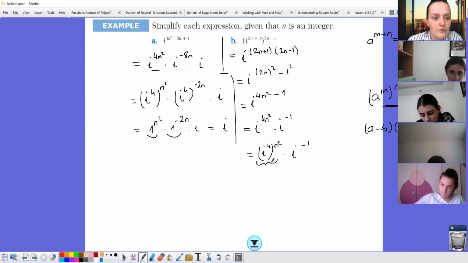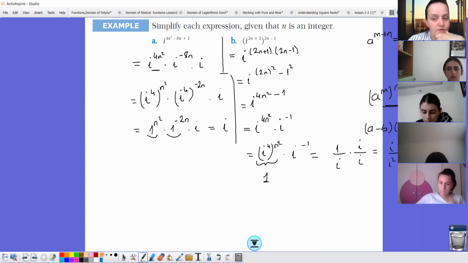Because it is i to the power of 4, it is 1. So this part becomes 1. Then I have 1 times i to the power of minus 1, which is i to the power of minus 1. But what we said when we had negative power, I will write 1 over i. Then I will multiply by i and get i over i squared, which is minus 1. Yes, and then it will become minus i. Okay.